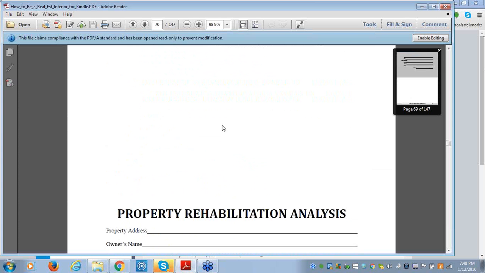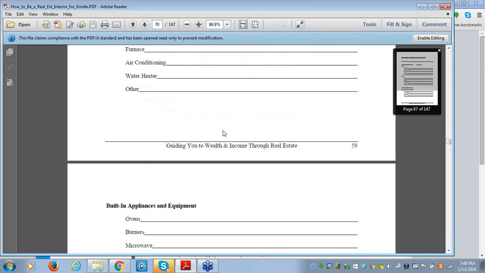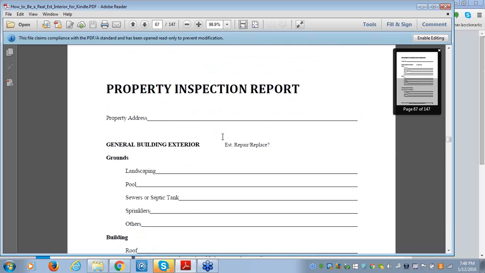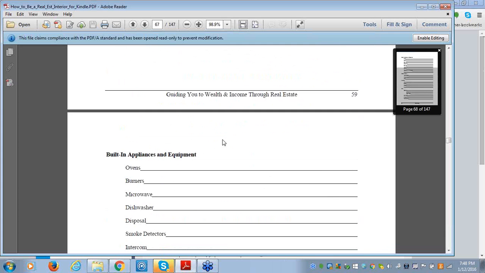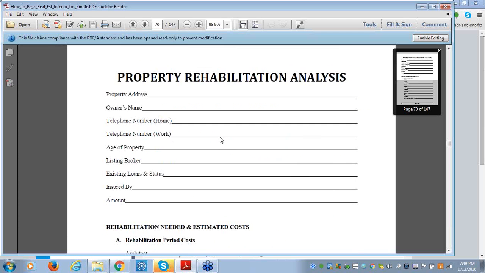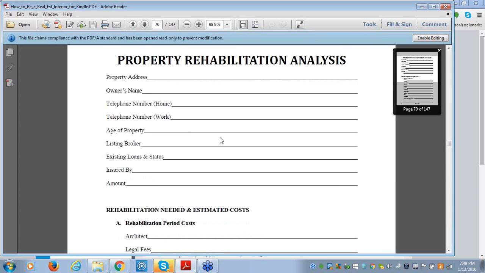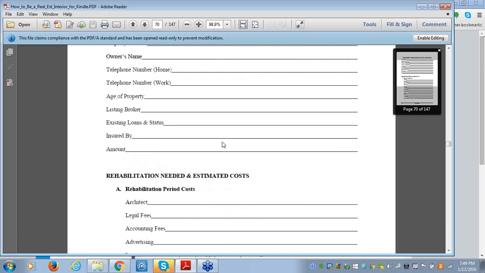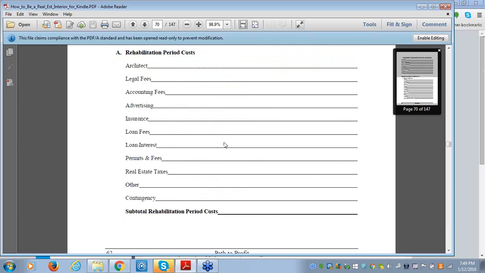So if you think about it, first is the property inspection report, and the follow-up, right behind it, is the property rehab form. They're going to do both of these forms, and I prefer that they do them right there on the spot. On the rehab form, sometimes you're not going to know a lot of the costs.